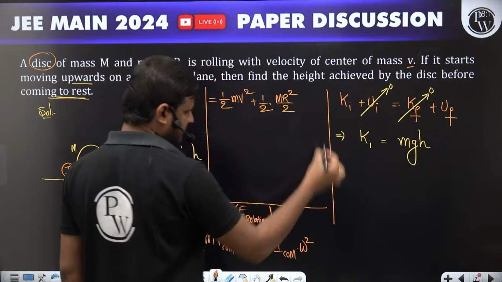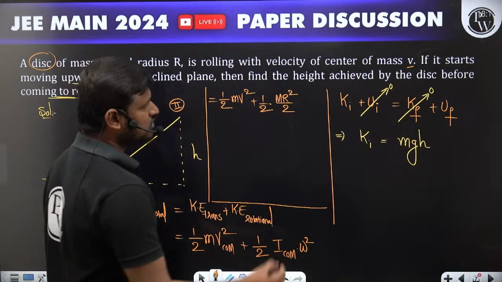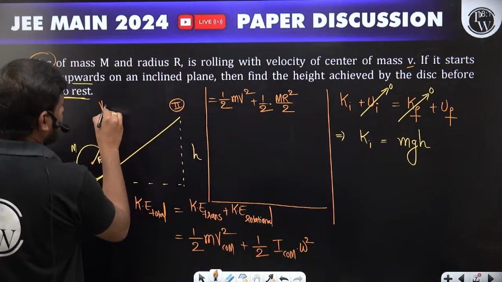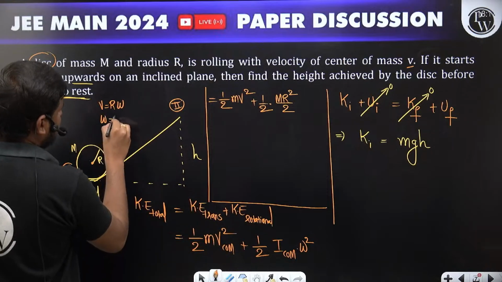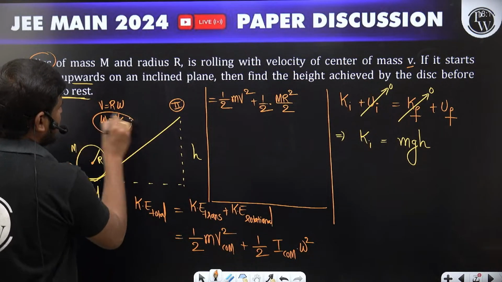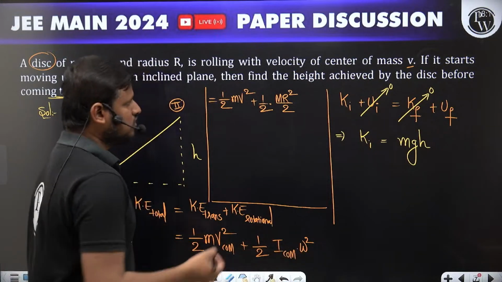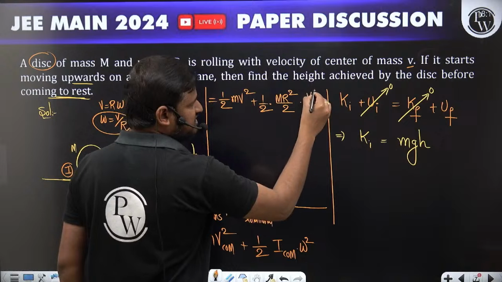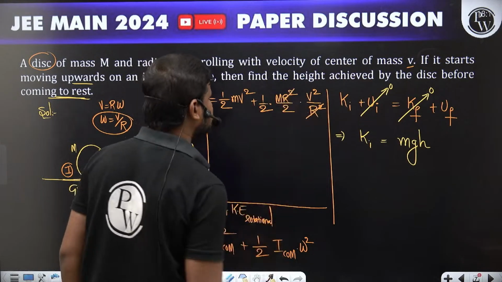Now in place of omega, we know that v is equal to r omega, so omega is equal to v by r. In place of omega, I am writing v by r, so v by r whole square, which is v square by r square. Now cancel r square.